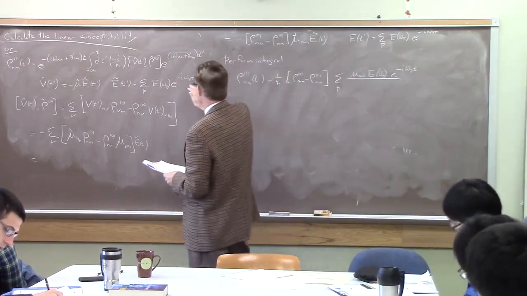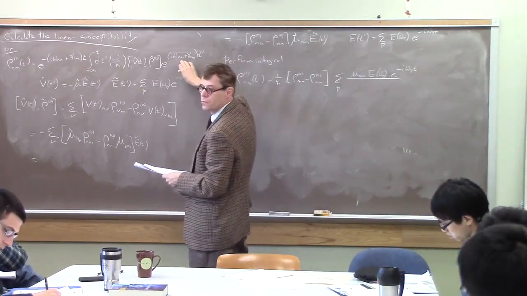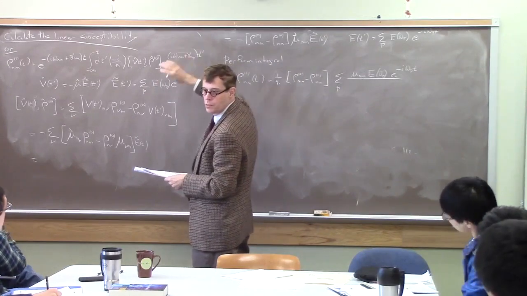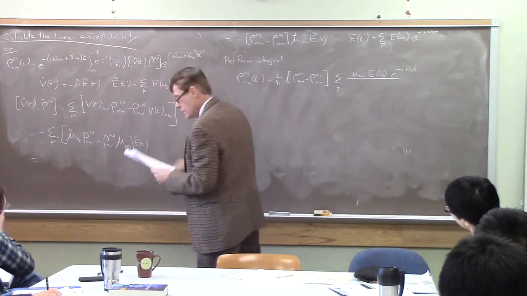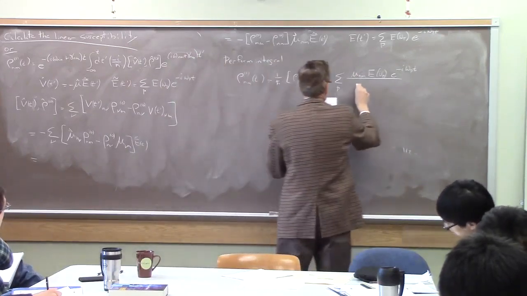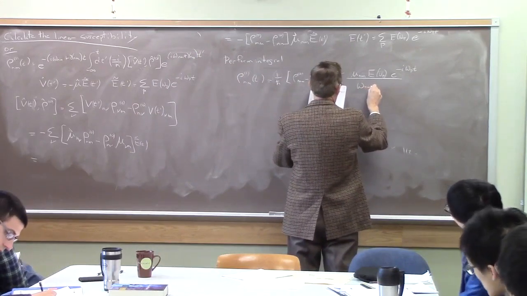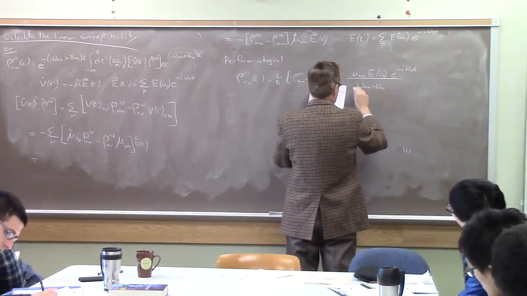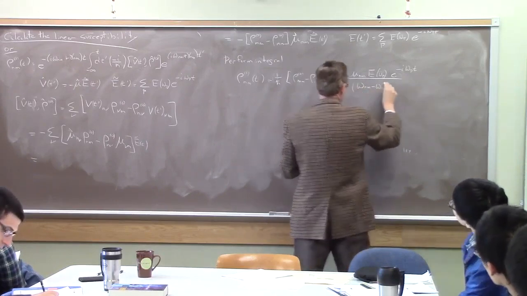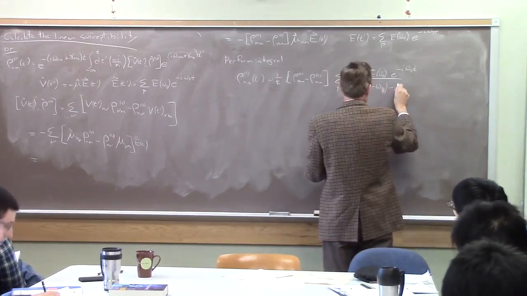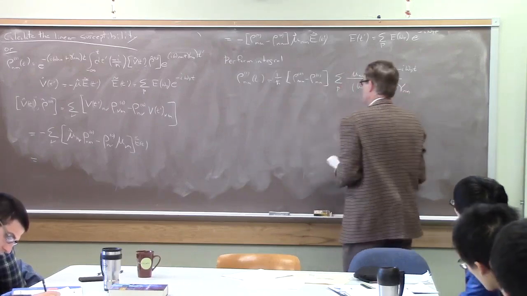And then from integrating over this exponent, that pulls the coefficient of t down into the denominator. So we get omega n m minus omega p minus i gamma n m.